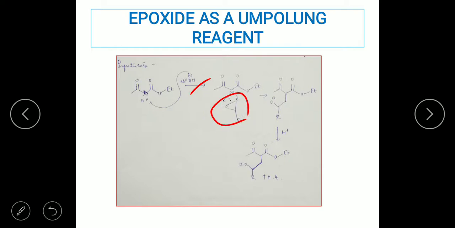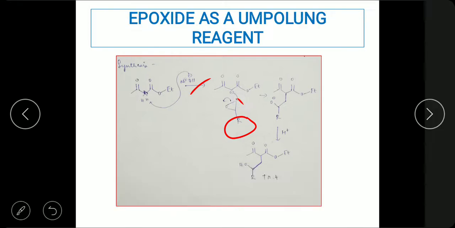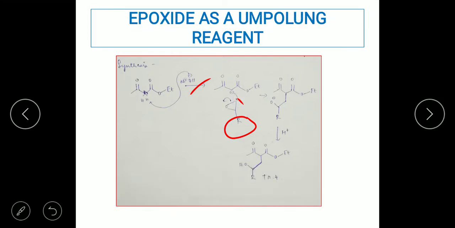We are not going to attack the carbon on the more hindered side. There is going to be an attack by the carbanion on the less hindered carbon. So once there is an attack of the nucleophile on the electrophilic carbon, then there's a ring opening to give an O-. Oxygen anion is formed as the intermediate.